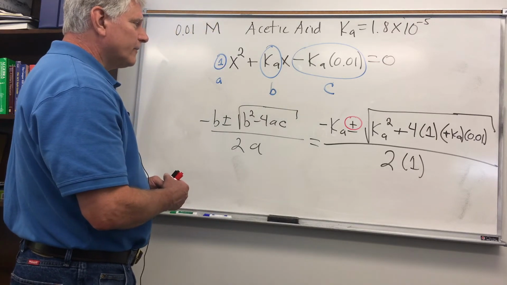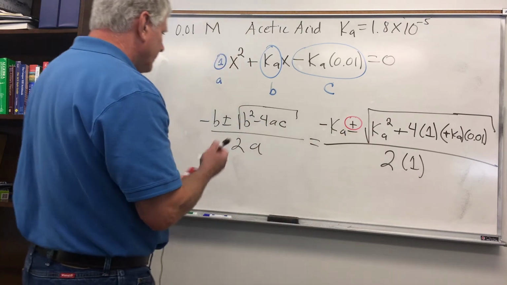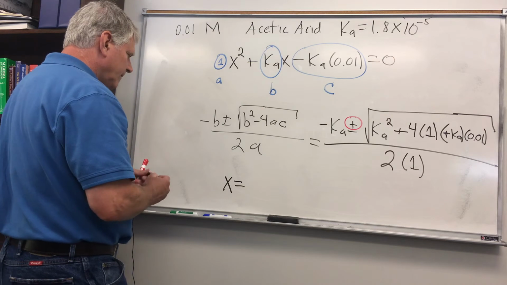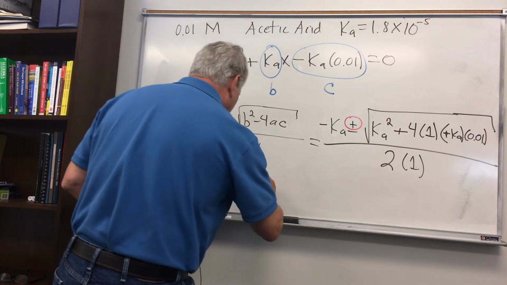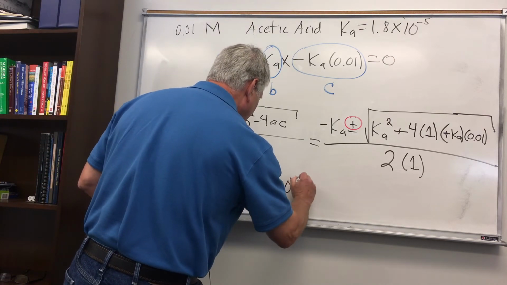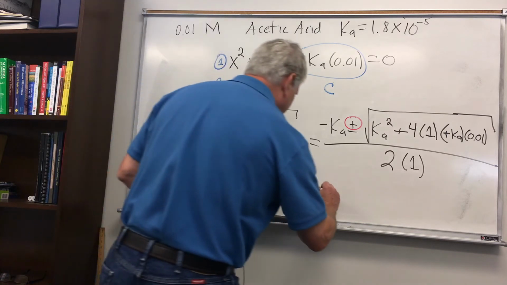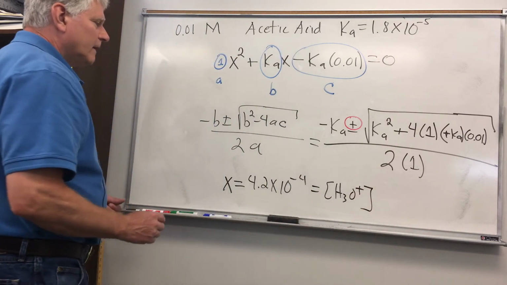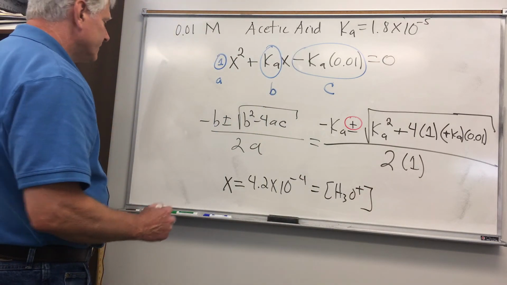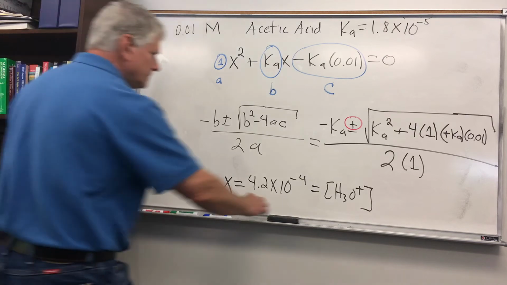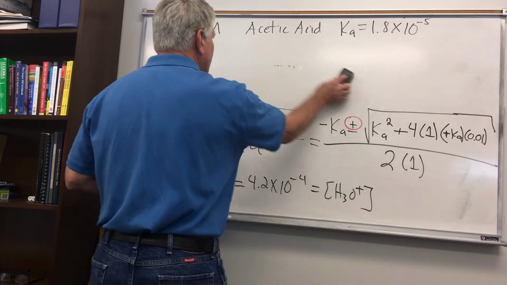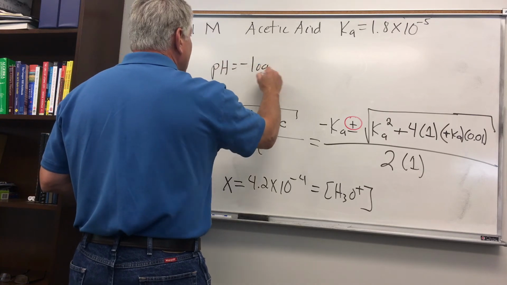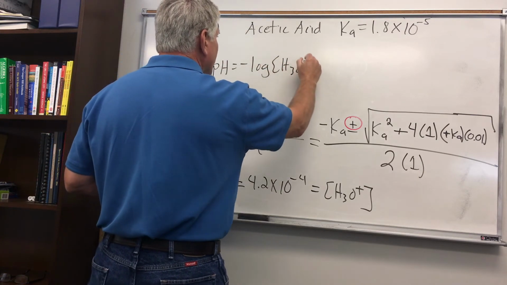Okay, so plugging numbers in for Ka, I'll get my value for x. So for x, I get 4.2 times 10 to the minus 4. So x is equal to my H3O plus concentration. So now I can find the pH. So the pH is equal to the negative log of the H3O plus concentration.